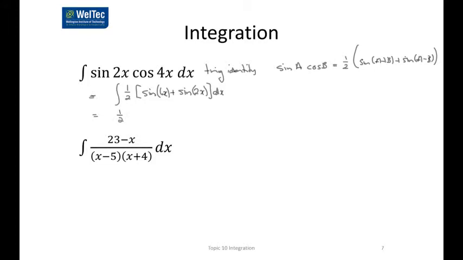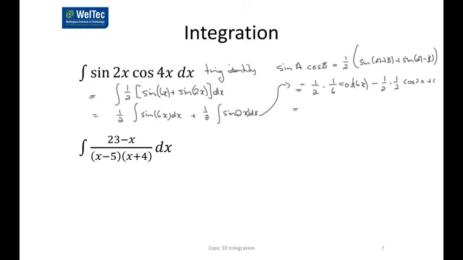It's a half times the integral of sine 6x plus a half times the integral of sine 2x, which would be a half times a sixth times negative cos 6x, plus, and it's going to end up minus because of the negative sign, the integral of sine is negative cos, a half times a half cos 2x plus c.